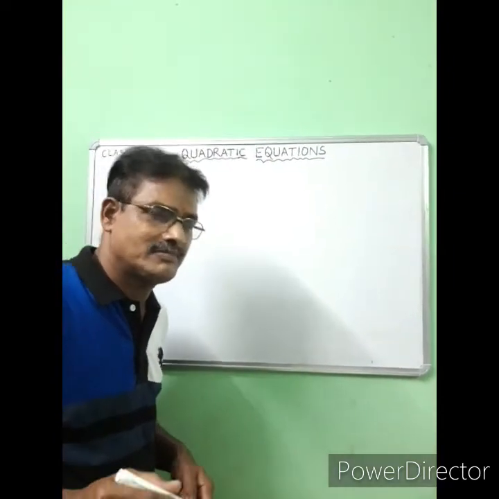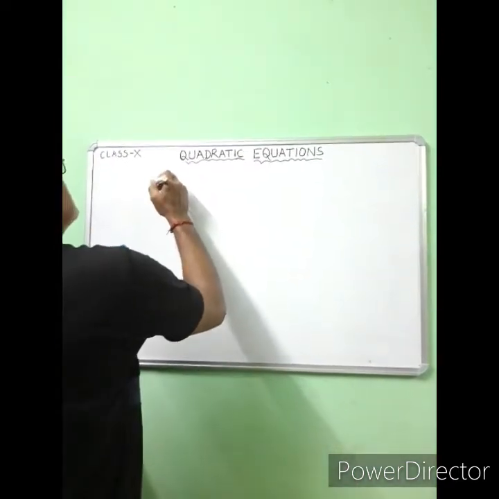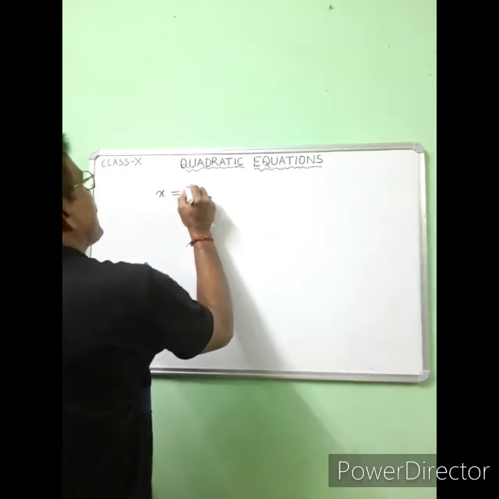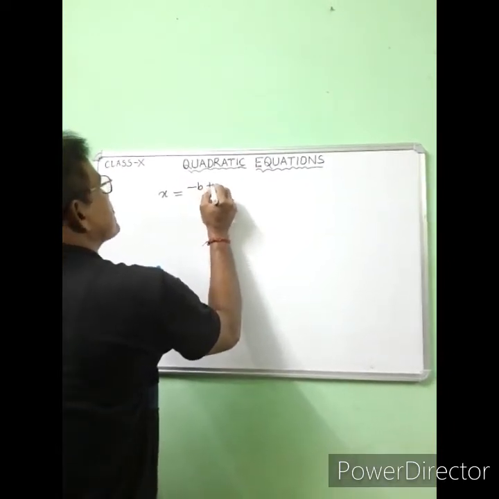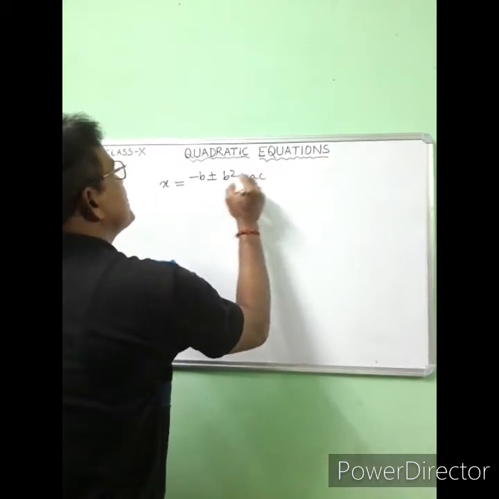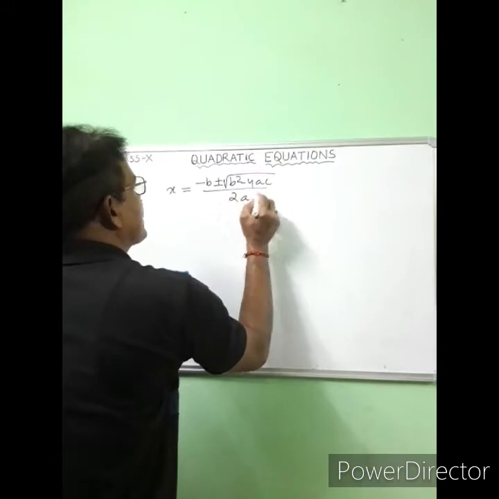The solutions of the two roots are x equals minus b plus or minus the square root of b square minus 4ac, over 2a.